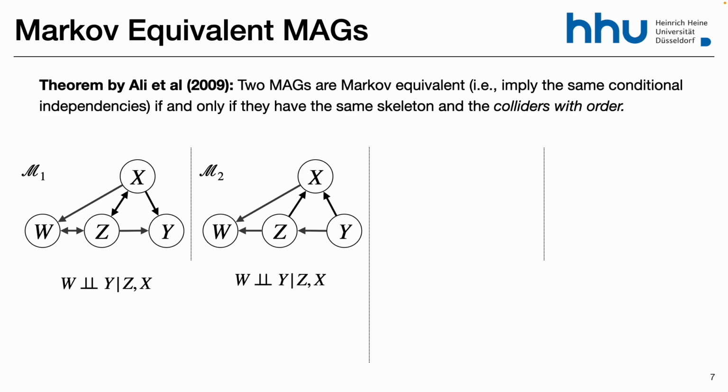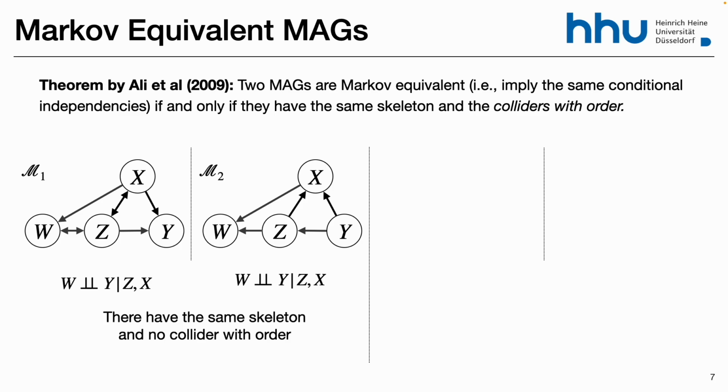X, W, Z, and Y. X, W, Z. Z isn't a collider though, in that path. Maybe you were talking about this collider being the collider path, but then W is not a parent of this.